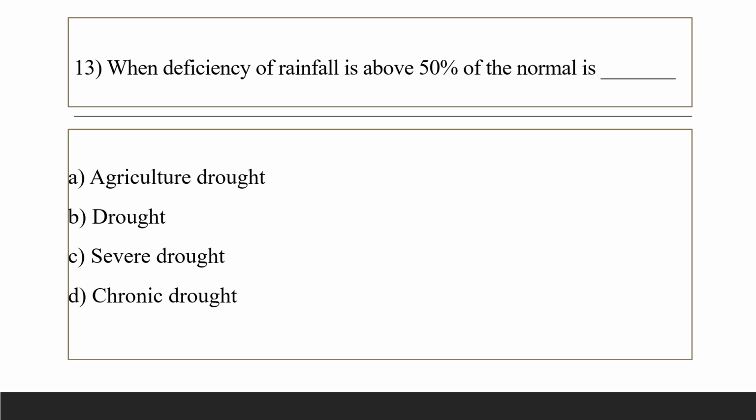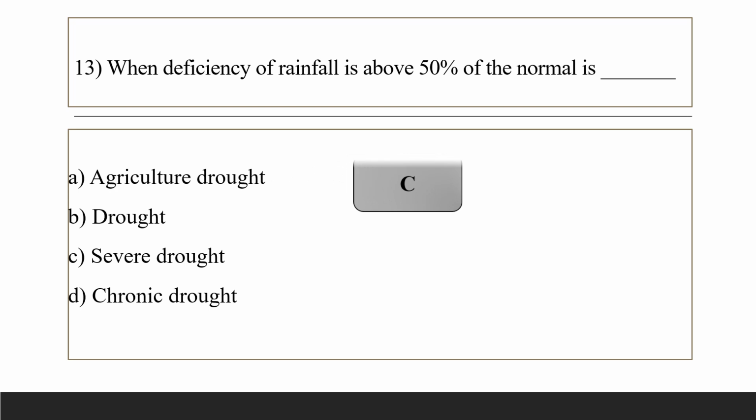When deficiency of rainfall is above 50% of the normal, dash occurs. According to deficiency of rainfall, the areas may be drought, severe drought or agricultural drought. If the deficiency of rainfall is above 50% of normal, it is severe drought.